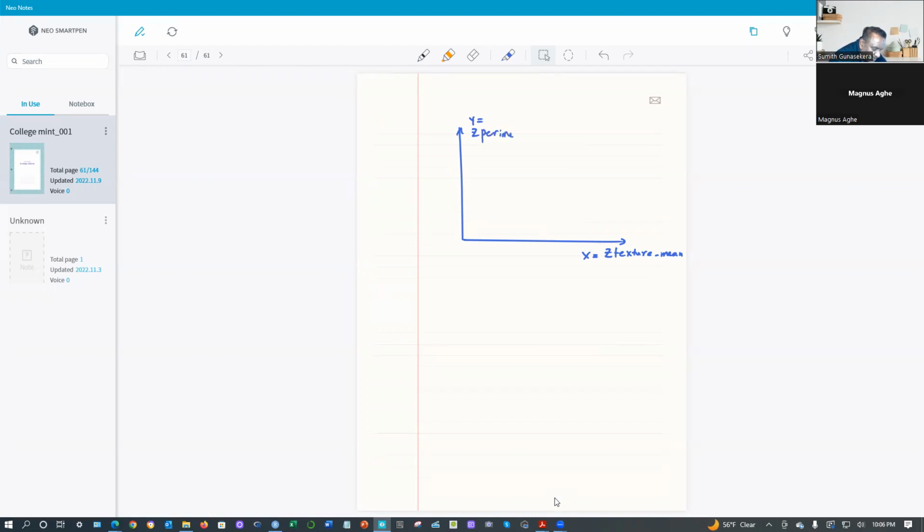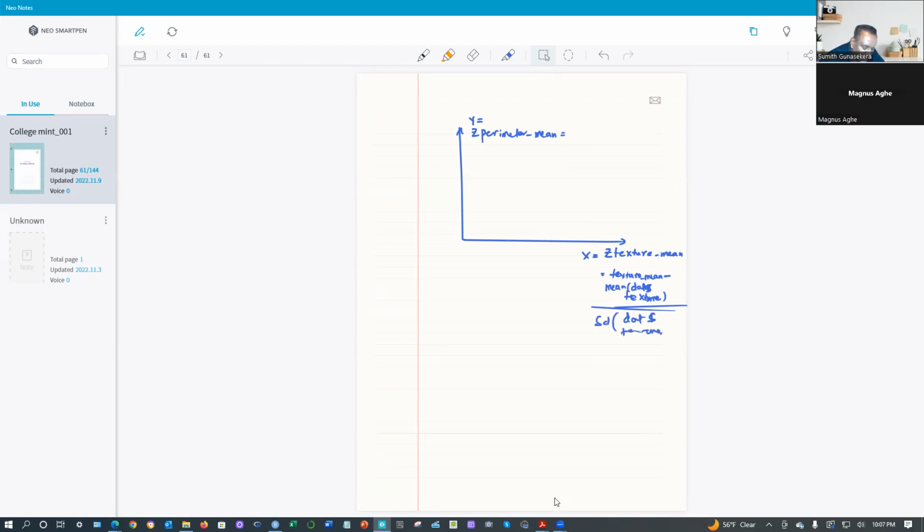The standardized one. How do you standardize? You take the texture mean, subtract the mean of the texture mean from the data, divided by the standard deviation of the texture mean from the data.